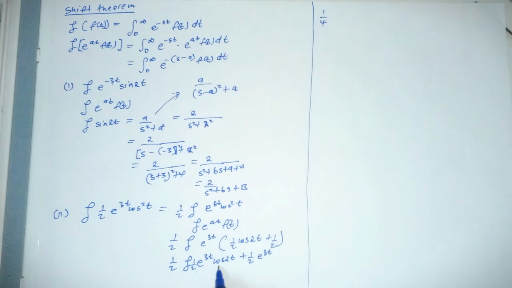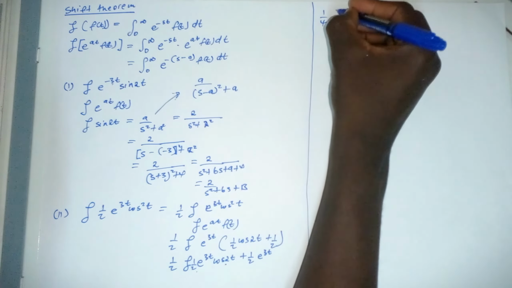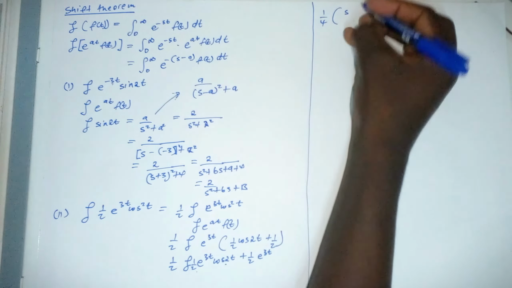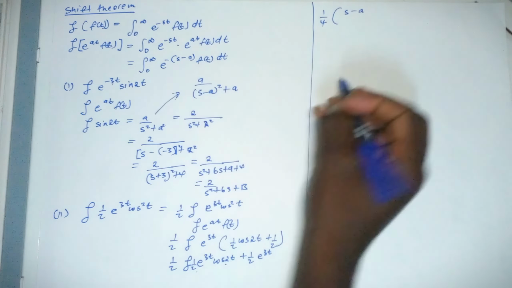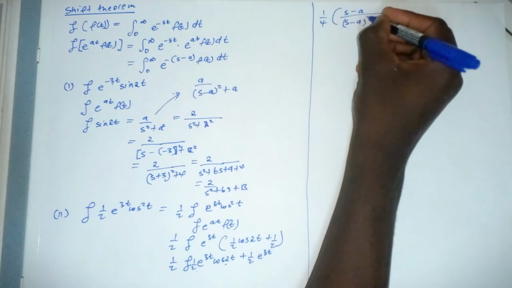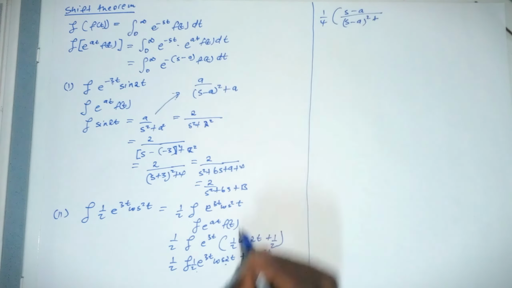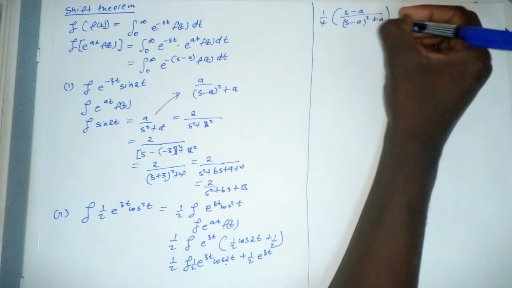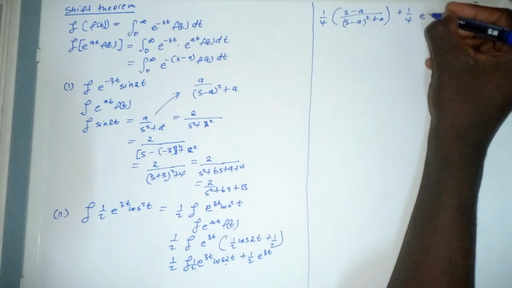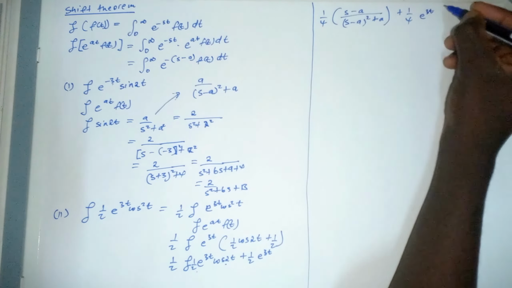And the Laplace transform of cos 2t is going to be equal to s over s squared plus 4, but remember we have a function in the form e to the power at f(t), so I want to write s minus a because we're going to use this substitution. So we write (s minus a) over (s minus a) squared plus a squared, and again 1/4. 1/2 times 1/2 gives us 1/4 e to the power 3t.